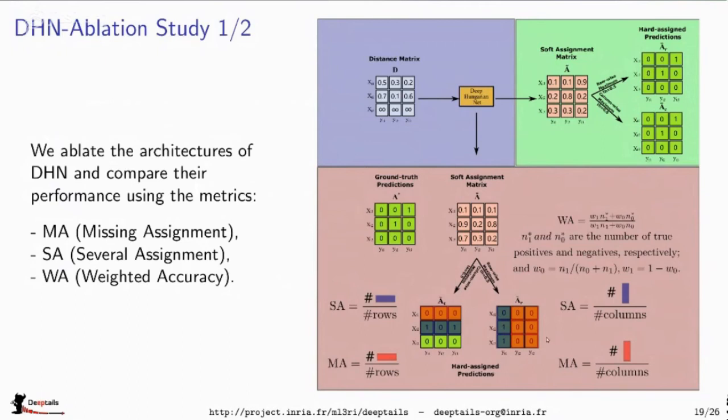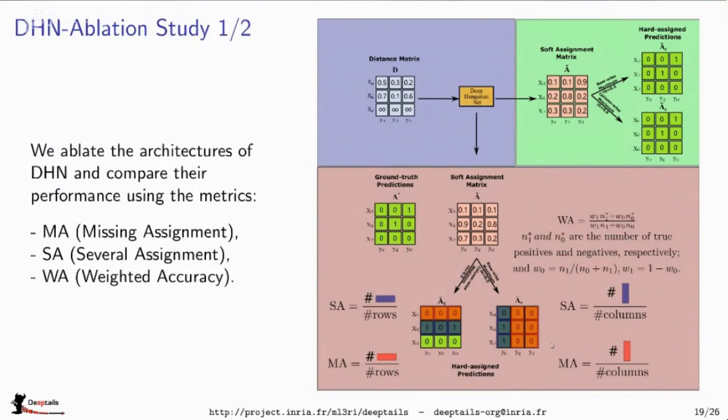And for MA, we just compare each row to the ground truth target. If there's an assignment in the ground truth target in this row, and there's no assignment in the predicted hard assigned matrix, then it is a missing assign. So there are two lines that have missing assignments.